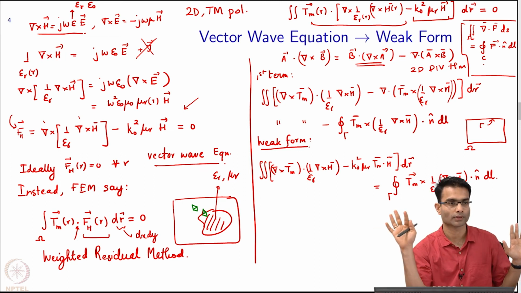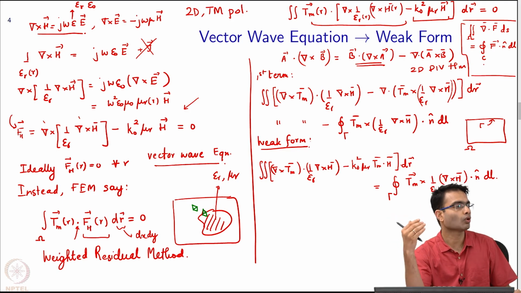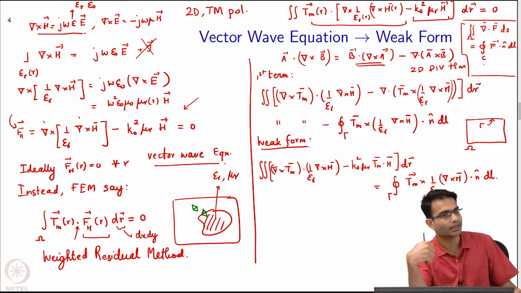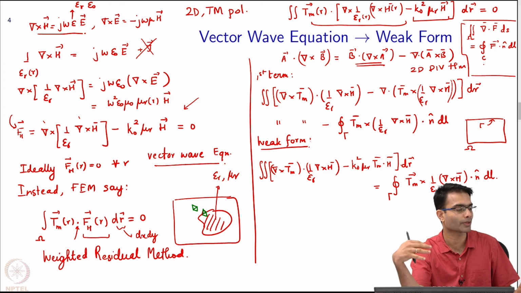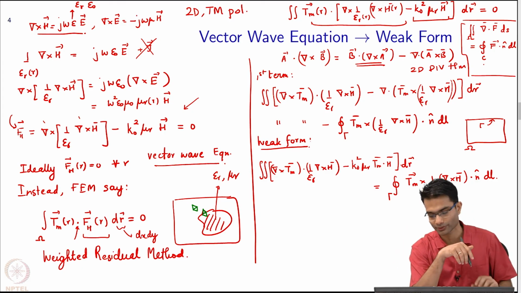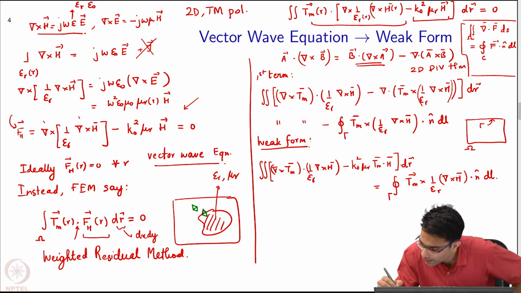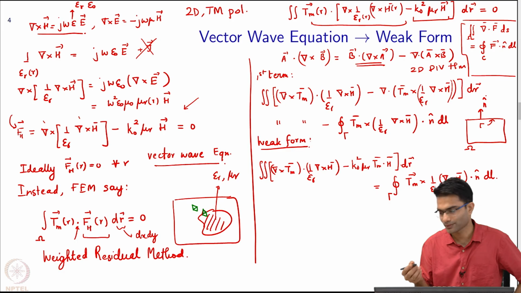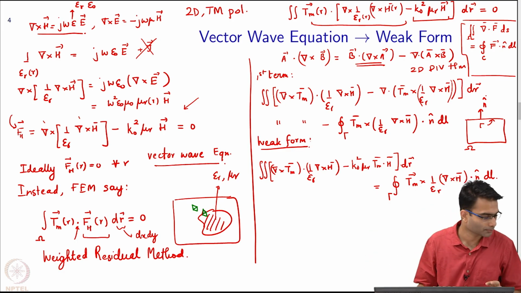So it makes sense to do all of the vector calculus simplifications first and then go to tessellation, basis functions and so on, because that way you reduce the complexity of your problem. Okay, so n hat will be the outward normal. I have just drawn a rectangle, it can be any shape you want depending on the problem.